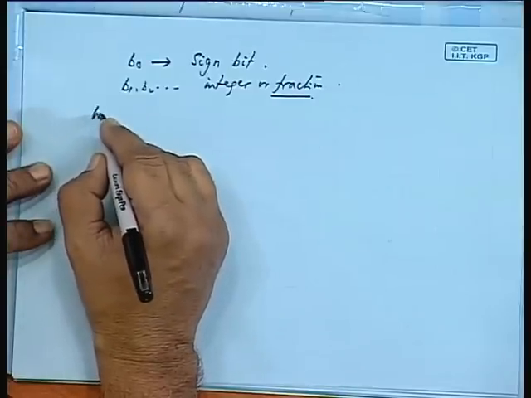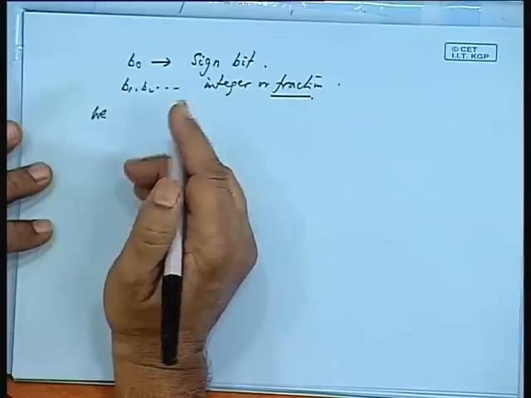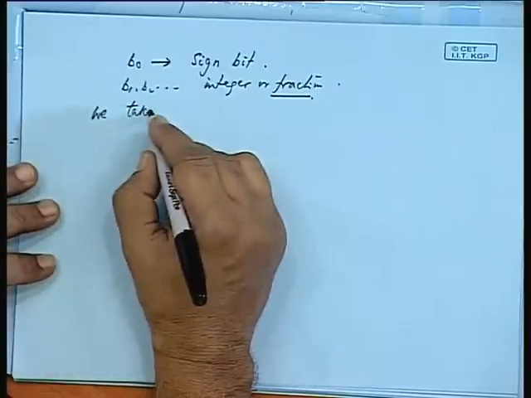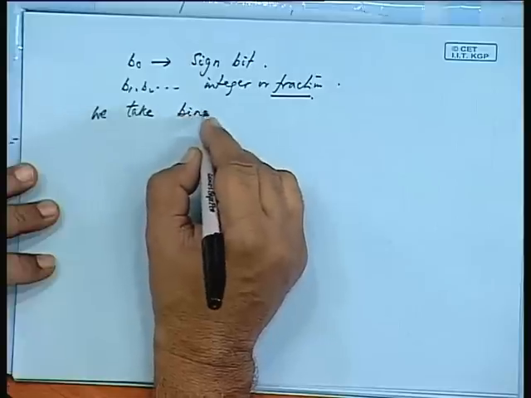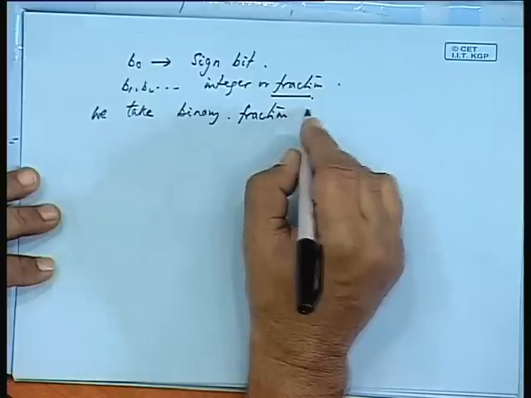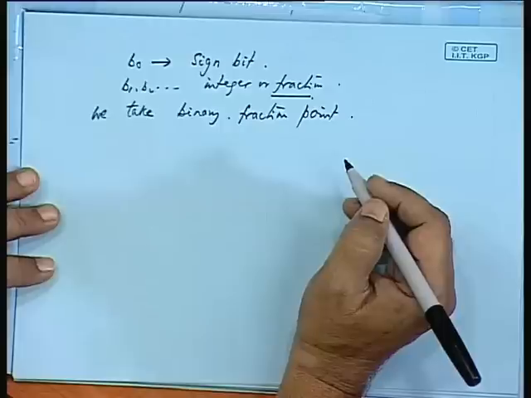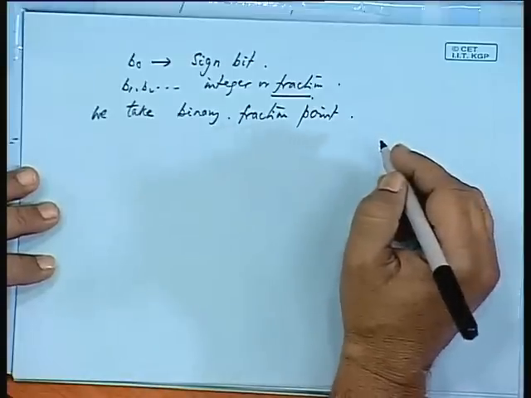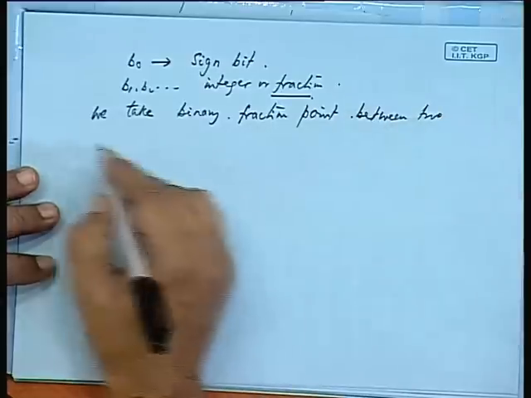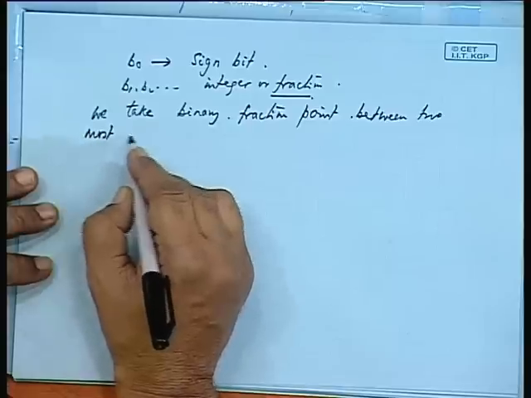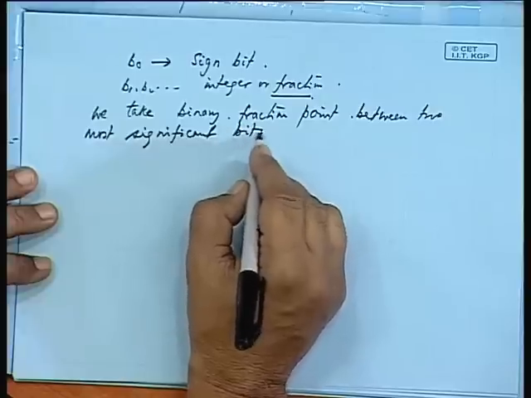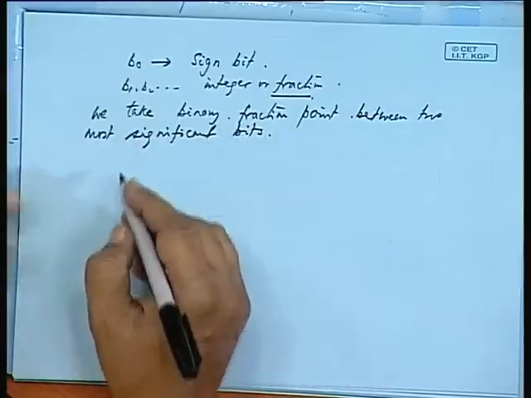So, between two numbers, sorry, we take binary fraction point between two most significant bits.